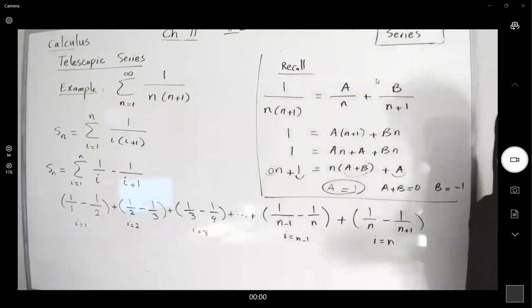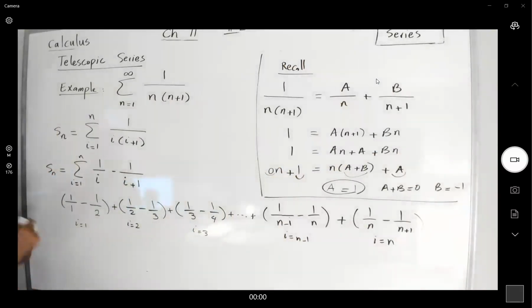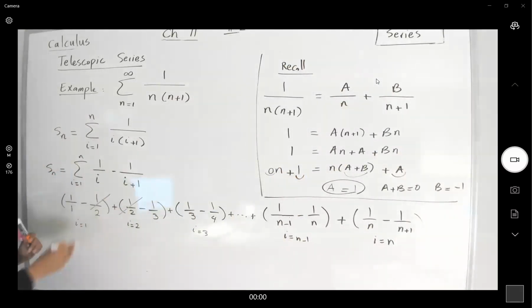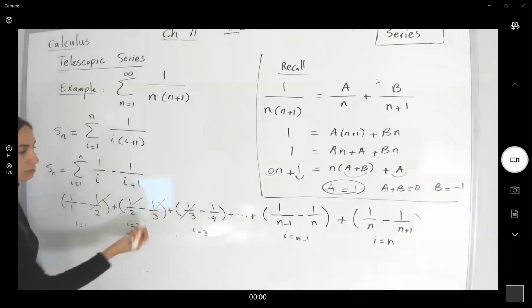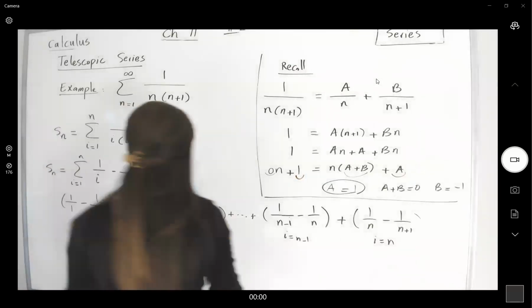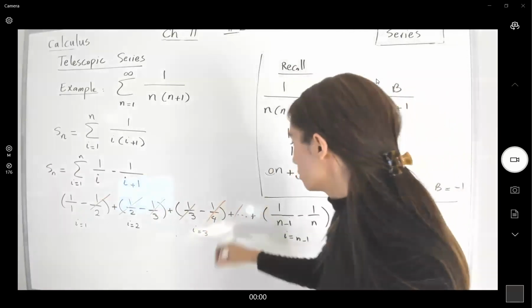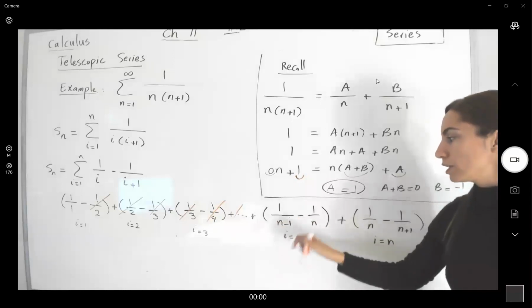So let's take a look at this sum together. 1 minus a half plus a half. These two are opposite of each other and cancel out. Negative a third, positive a third, cancel out these two terms. Negative a fourth, the next term has positive a fourth. We can continue this process and cancel out all of these terms.